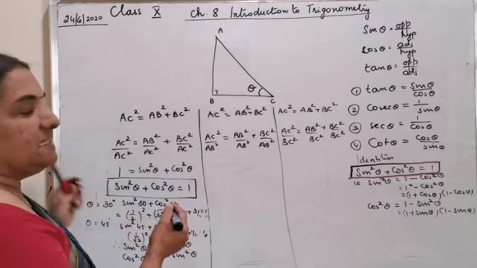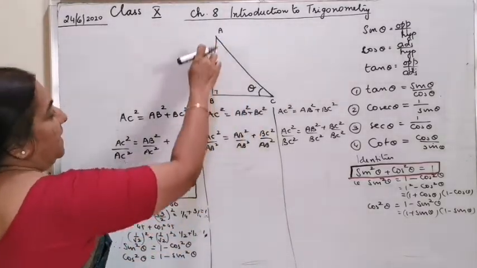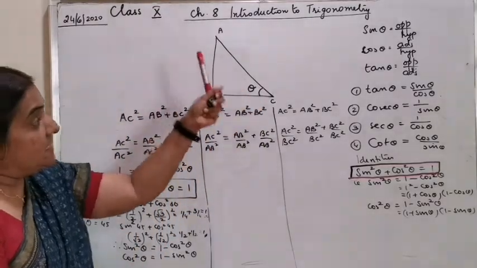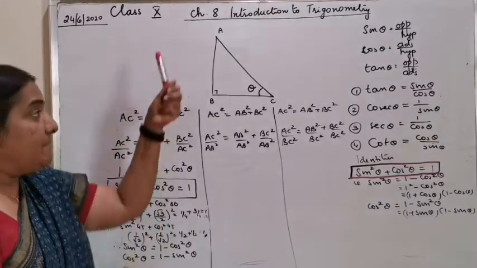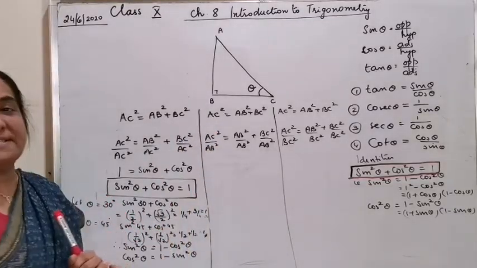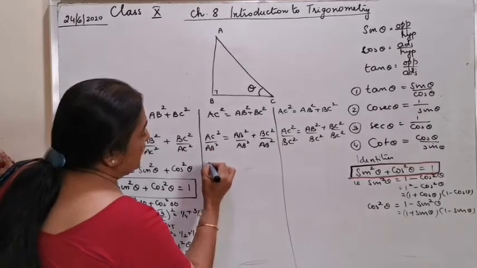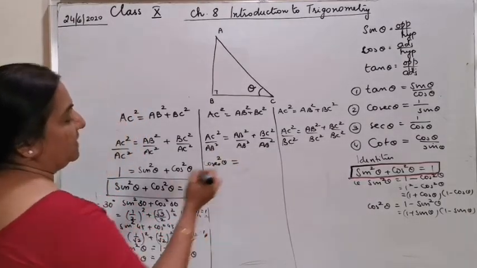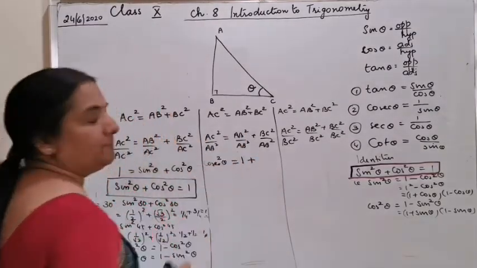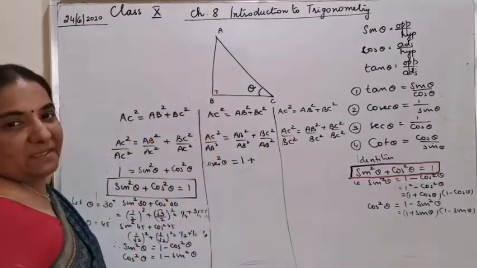The second identity: give the values for theta as AC by AB. For the angle theta, AC is the hypotenuse, AB is the opposite side. That means hypotenuse by opposite side is cosec theta, the whole square, which is the same as AB square by AB square plus BC square by AB square, that is 1 plus BC by AB squared.